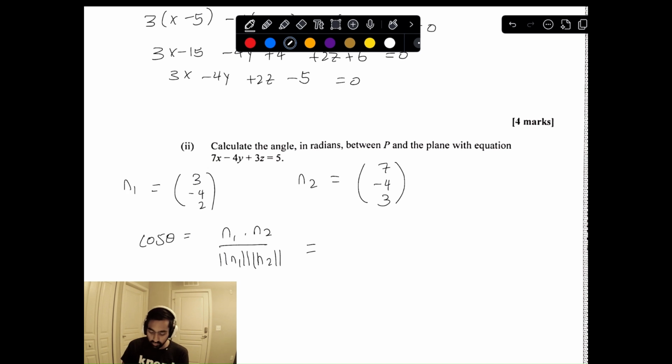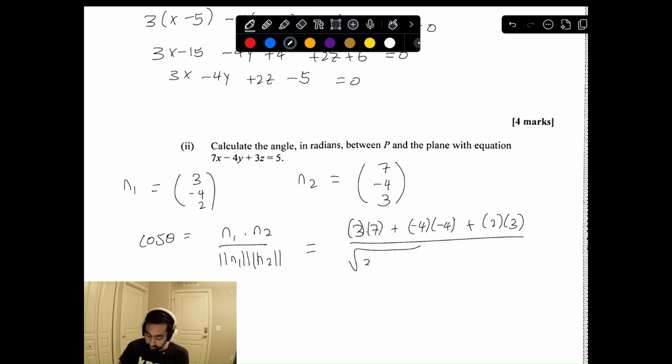Just to remind you what the dot product of two vectors is, I take the x's and multiply them together, then add the y's multiplied together, and then add the z's multiplied together. Now to find the absolute value, I have to take the square root of the sum of all the squares.